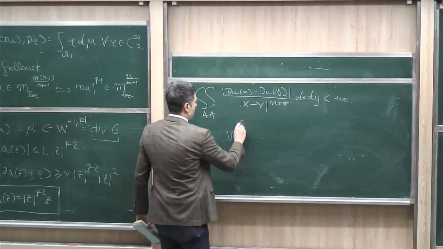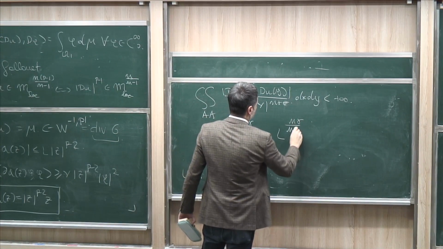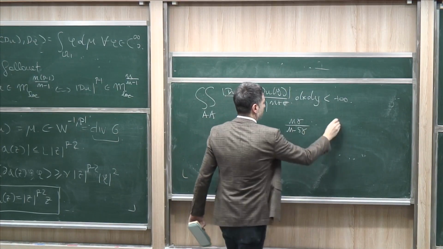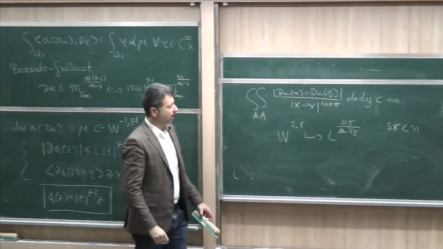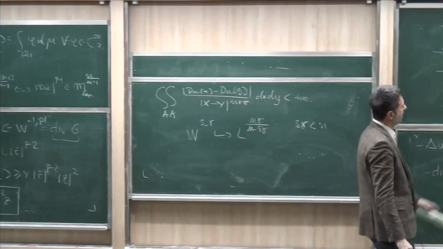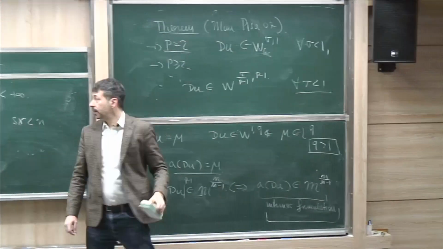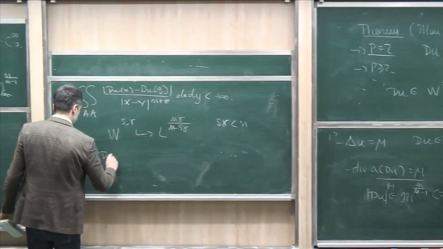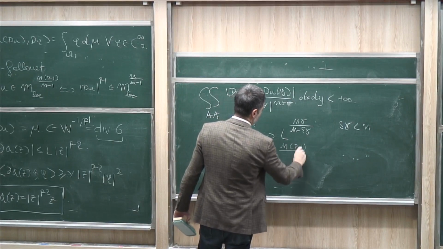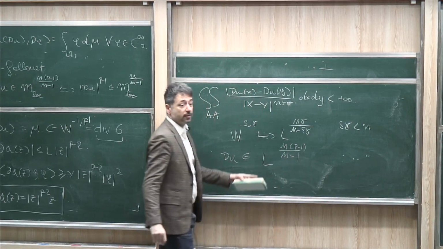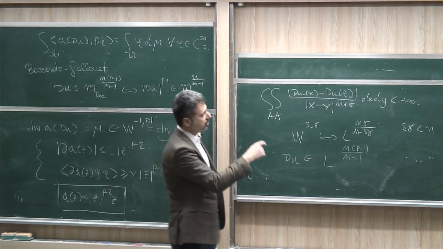In particular, this embeds into this. And if you would have 1 here, then you would get the gradient would belong to L^{n/(n-1)}, which is forbidden by the fundamental solution. But you cannot achieve that.